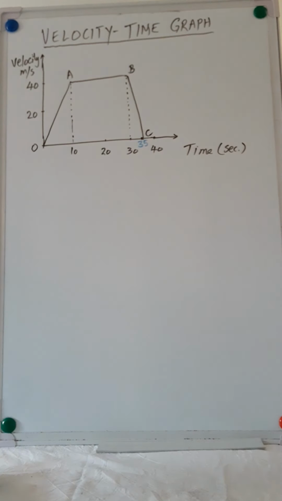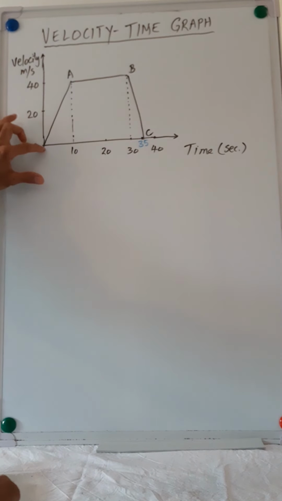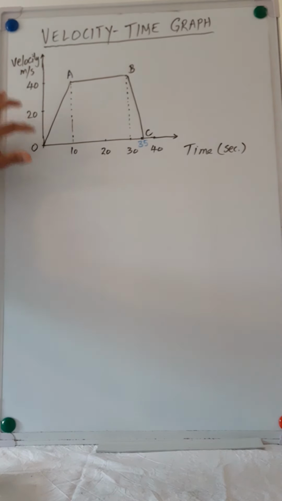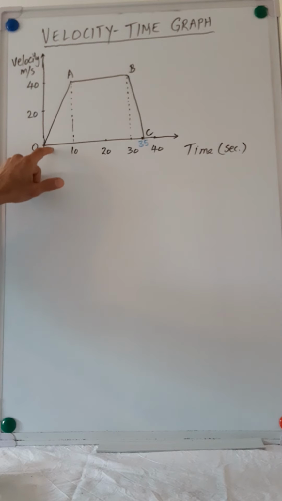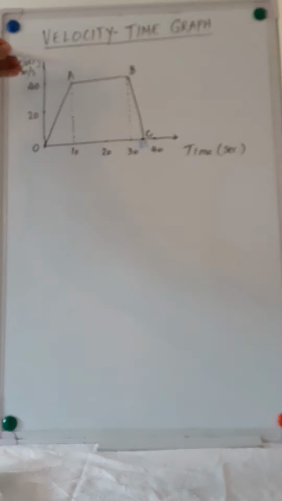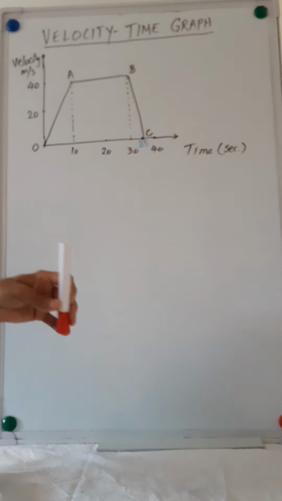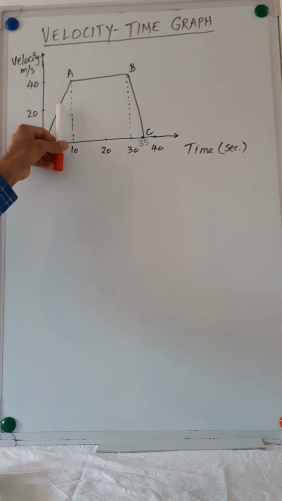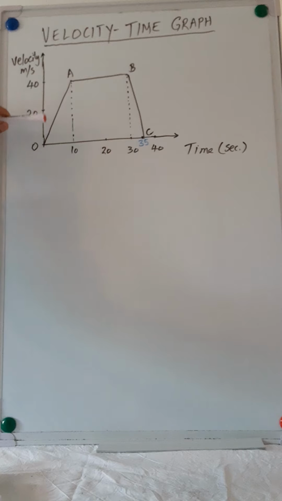So we say that the change in velocity from 0 to 40 is divided by the time, which is 10 seconds. In other words, the object is accelerating from O to A, and this acceleration is uniform because the graph is a straight line. Its velocity changes by equal amounts in equal intervals of time.